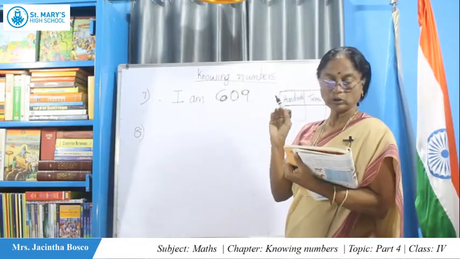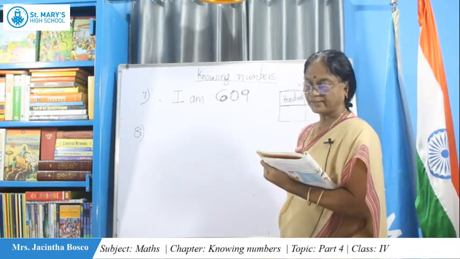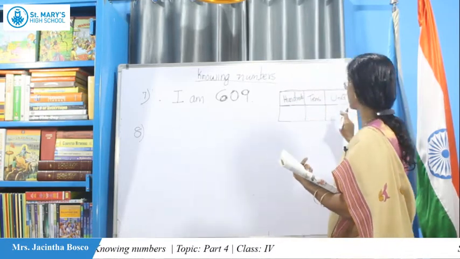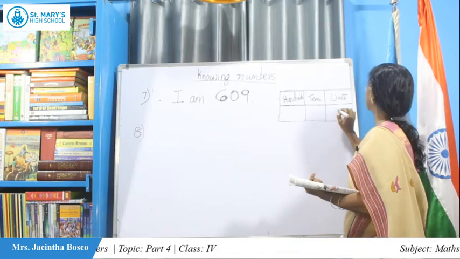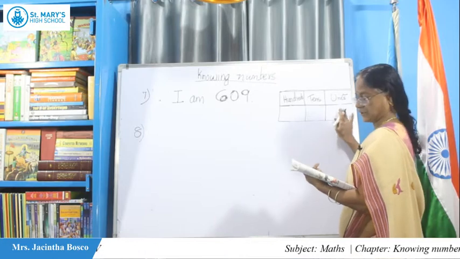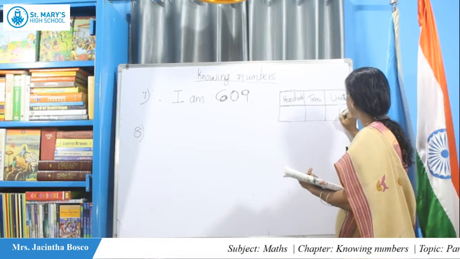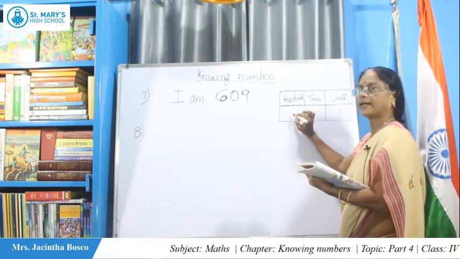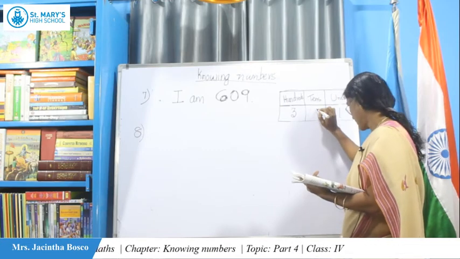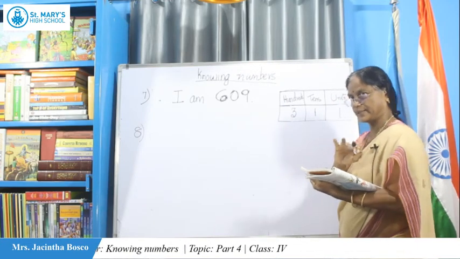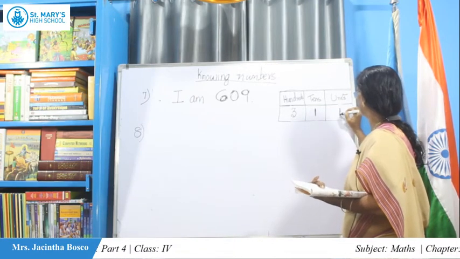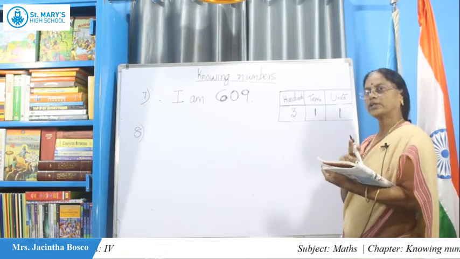Suppose if I put a 1 in the units place, what will be in the hundreds place? 3 times, that is 3. What is in the tens place? 1. Always 1 only in the tens place. So, what is the number now? Read out the number. 311.